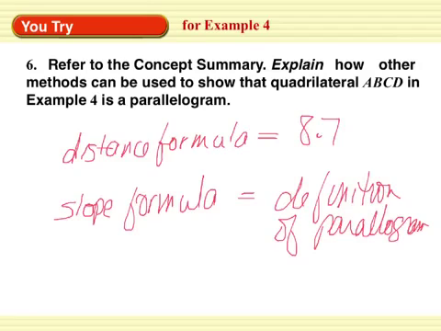Let's see, what else can we do? Pair of parallel and congruent sides. So we did congruent, we did parallel. Angles would have been harder, so we don't want to do that. We did theorem 8.9. Oh, we could have done diagonals.